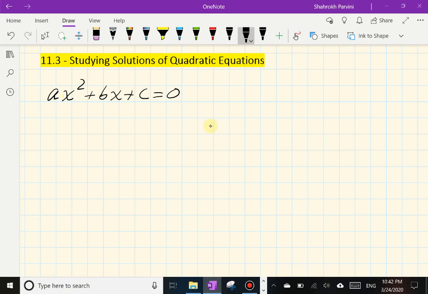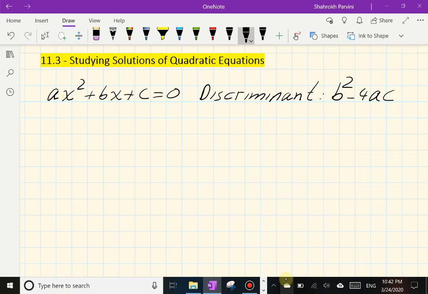Now, one of the attributes of this quadratic equation, one of the things that we can define, is what's called the discriminant. So here I'm going to write discriminant. The discriminant of the quadratic equation is simply the radicand in the quadratic formula, the b squared minus 4ac.